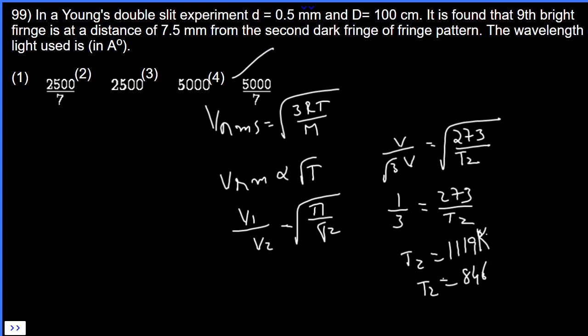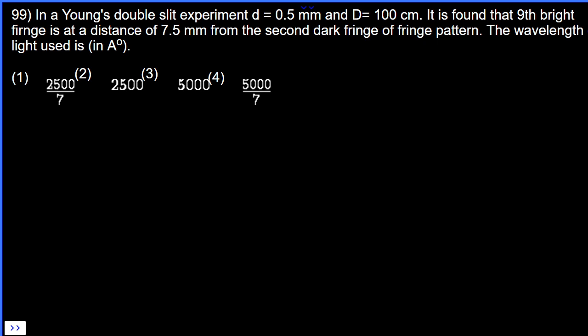Next one is problem number 99. In Young's double slit experiment, small d is equal to 0.5 and capital D is 100, it is found that ninth bright fringe is at a distance of 7.5 millimeter from the second dark fringe of pattern, the wavelength of the light is. So, for this, we can write first of all, for ninth bright fringe, x is equal to the condition for bright fringe, n lambda D by d, that is 9 lambda D by d.